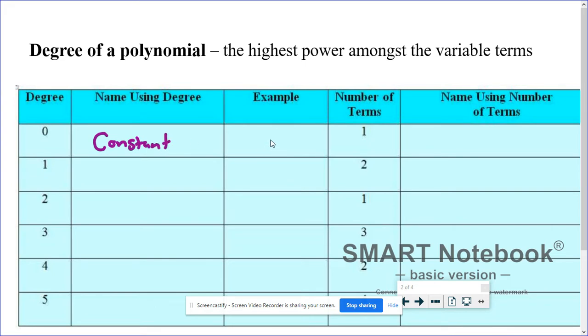An example of a constant term could just be the number 3. Right? It's going to have no variable. That's what degree 0 means. There is no variable at all.